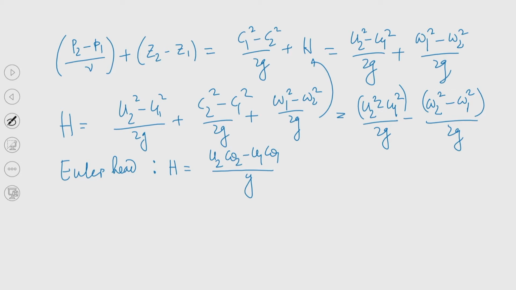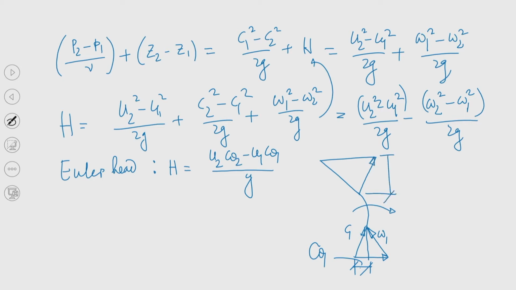So, if we quickly draw the velocity triangles, both at inlet and outlet, this is the flow velocity at the outlet, this is c theta 2, this is w and this is u2, okay.